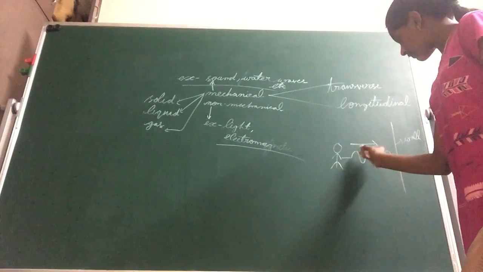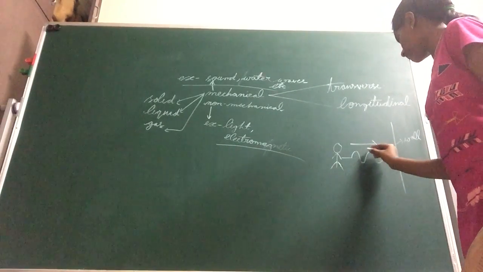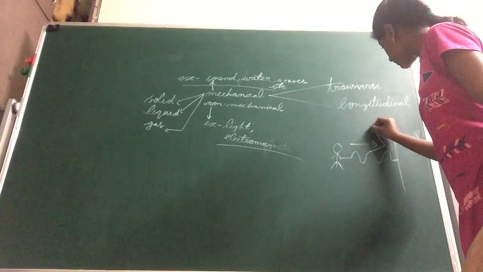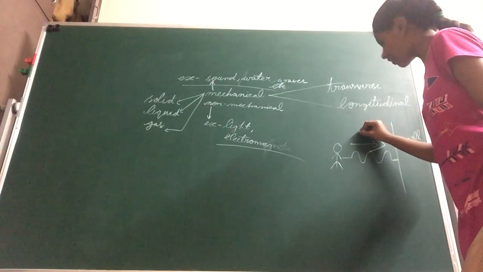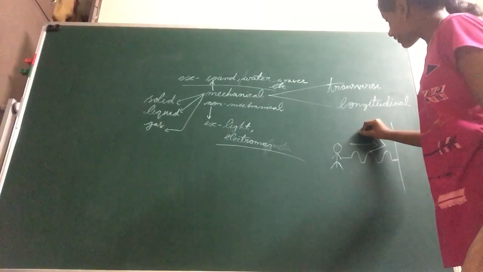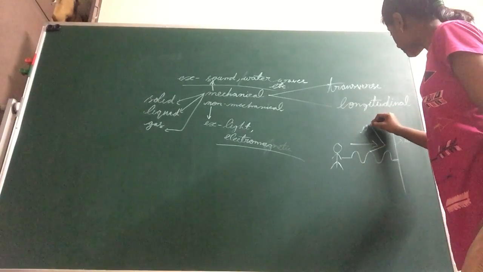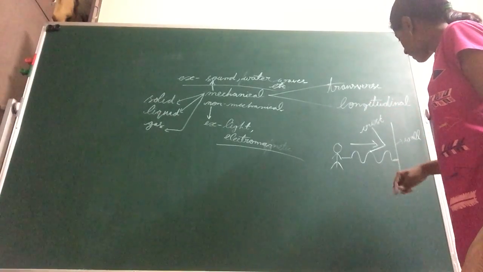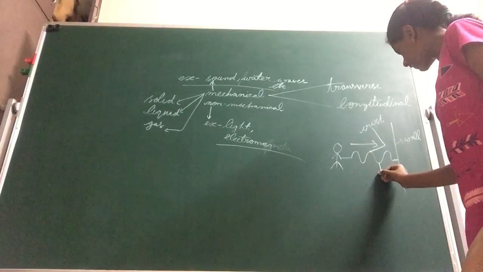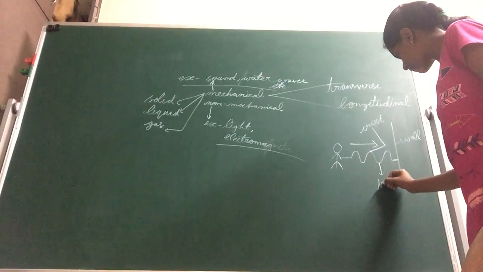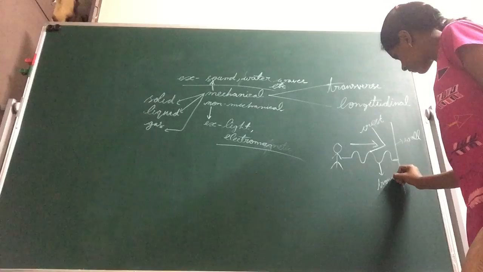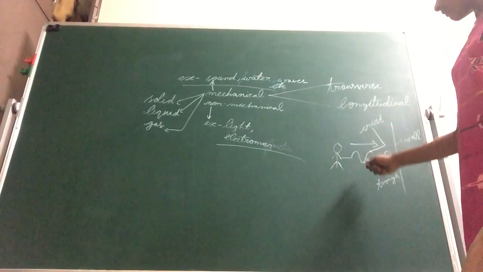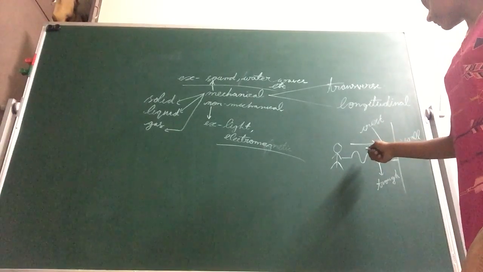Now let's see what this is. The upper point of the wave is called the crest, C-R-E-S-T, and the bottom point is known as the trough. So this is about transverse waves.